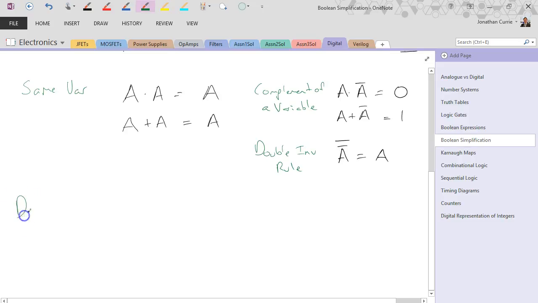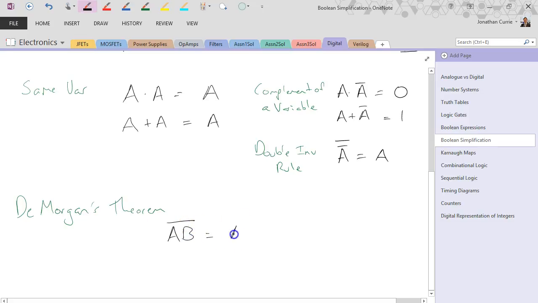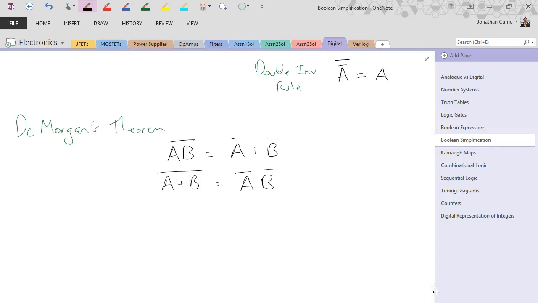The final one that we're going to look at is what's known as De Morgan's theorem. And this one states that a NAND gate is equivalent to an OR gate with inverting inputs, and a NOR gate is equivalent to an AND gate with inverting inputs.